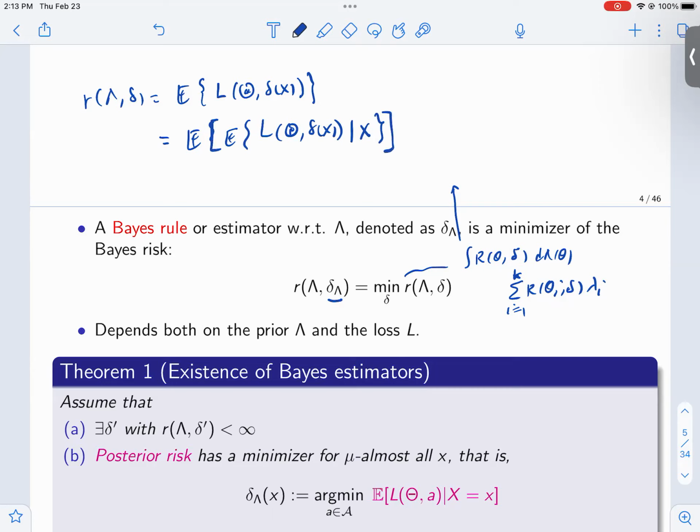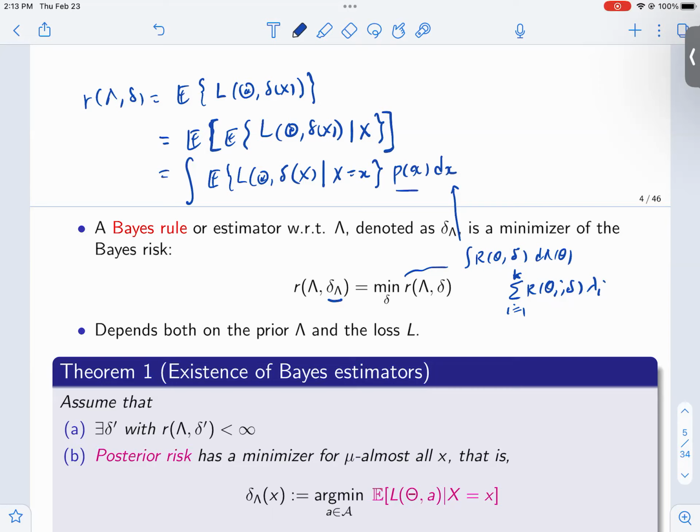This is by the smoothing property, right? And this would be an integral. On the outer one, it's L theta, delta x conditional on x being equal to x, and then I'm going to write p of x, let's say, dx.